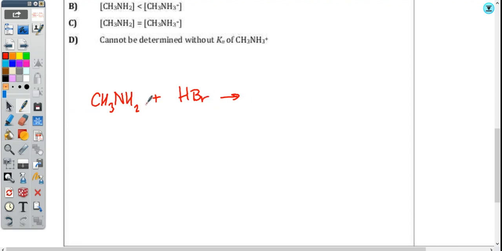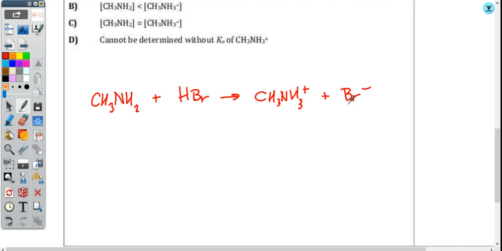As I think about what's happening, my acid is giving up the hydrogen ion and my base is accepting it. So once my methylamine accepts the hydrogen ion, it actually becomes this CH3NH3 plus conjugate acid form, and the HBr has been left behind just as the bromide ion.